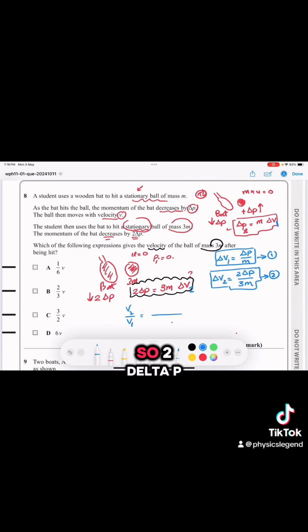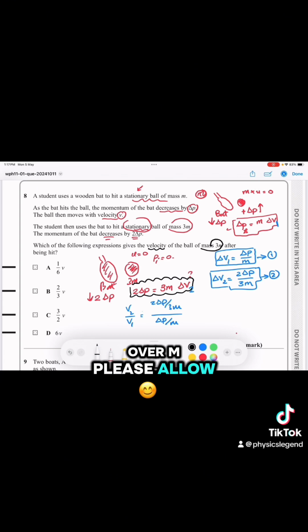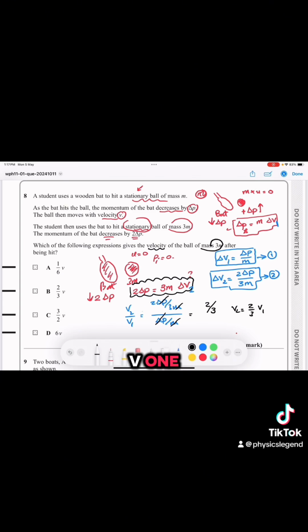So 2 delta p over 3m divided by v1, which is delta p over m. Cancel out the delta p with the delta p and m with m. So it equals 2 over 3. So v2 equals 2 over 3 v1. And if you have a look at the options, the correct answer is B.